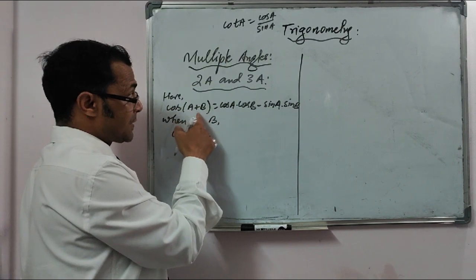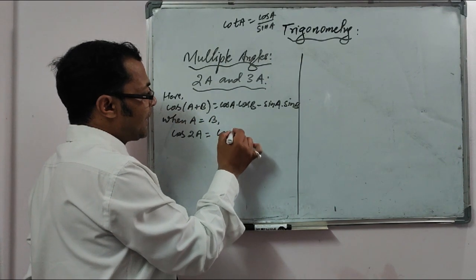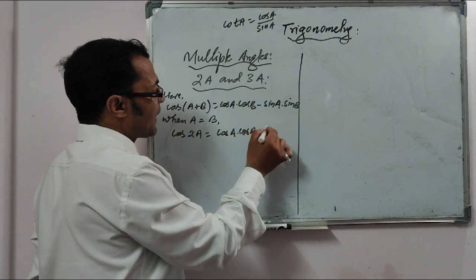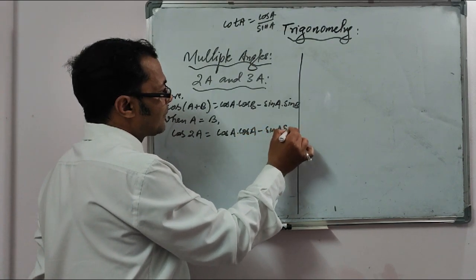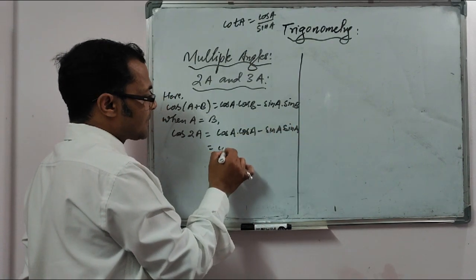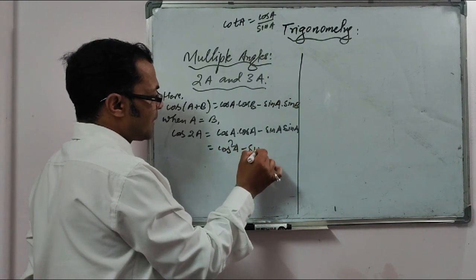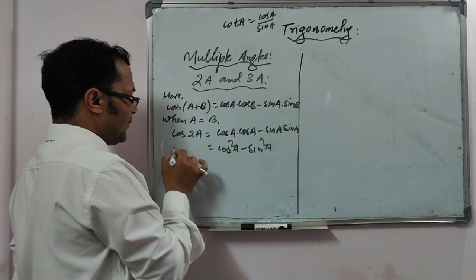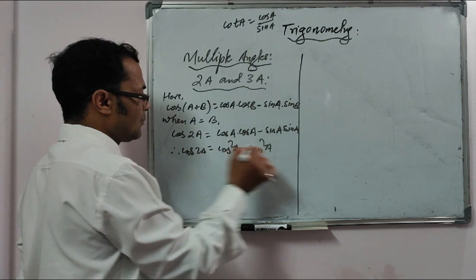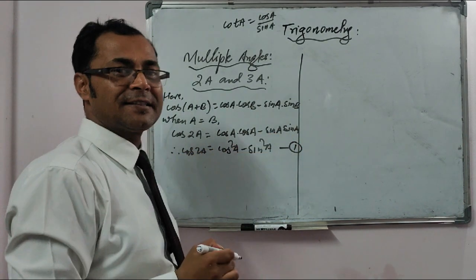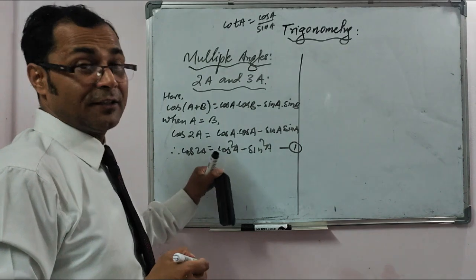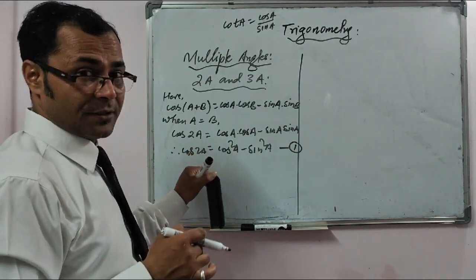A plus A. And here, cos A times cos A minus sin A times sin A. So it is cos square A minus sin square A. Therefore, cos 2A equals cos square A minus sin square A. So this is the first formula for cosine.